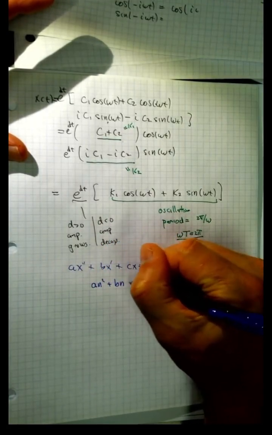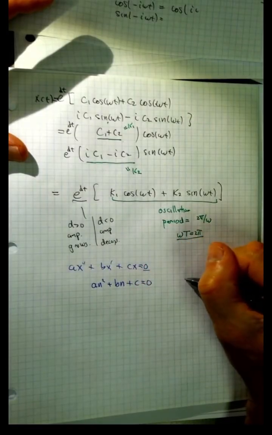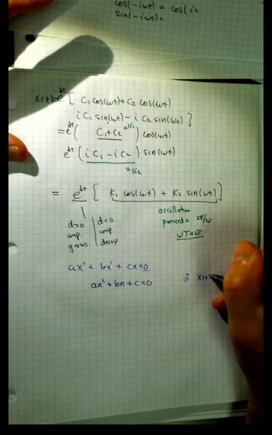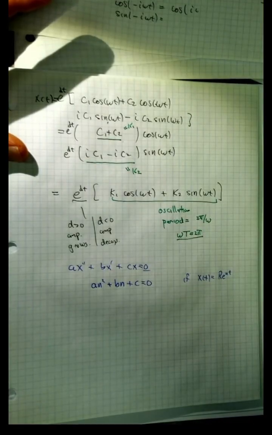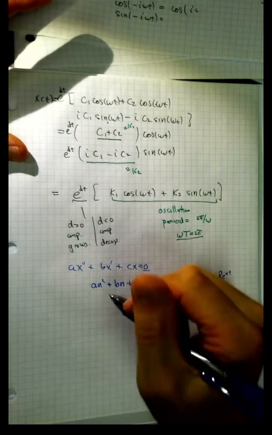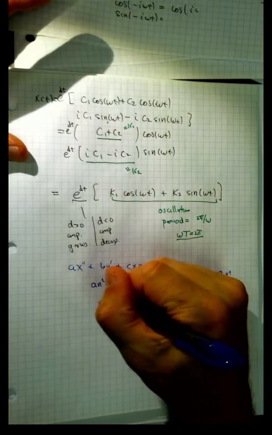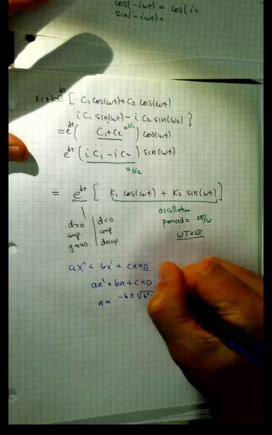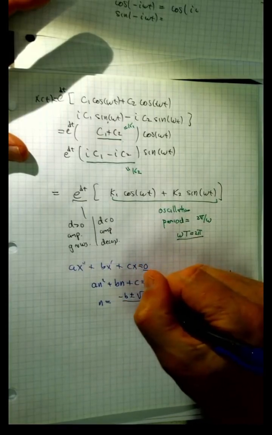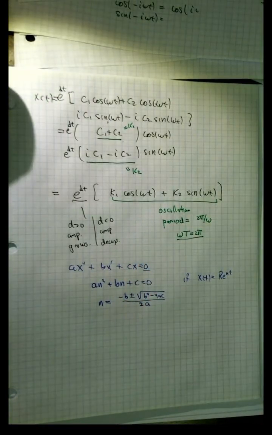I'm going to make an assumption that I have an exponential function for the solution, and I plug it in, and it boils down to this. My n is minus b plus or minus the square root of b squared minus 4ac, over 2a.